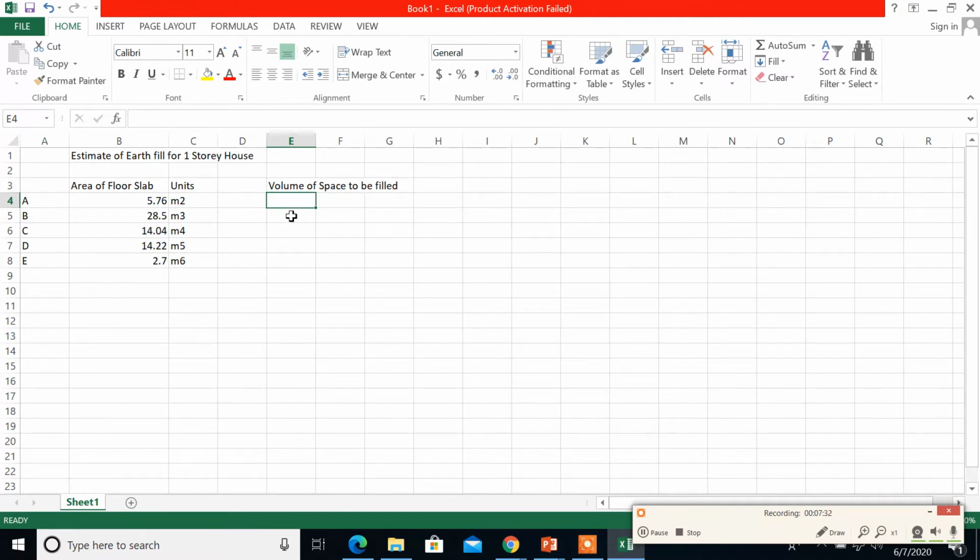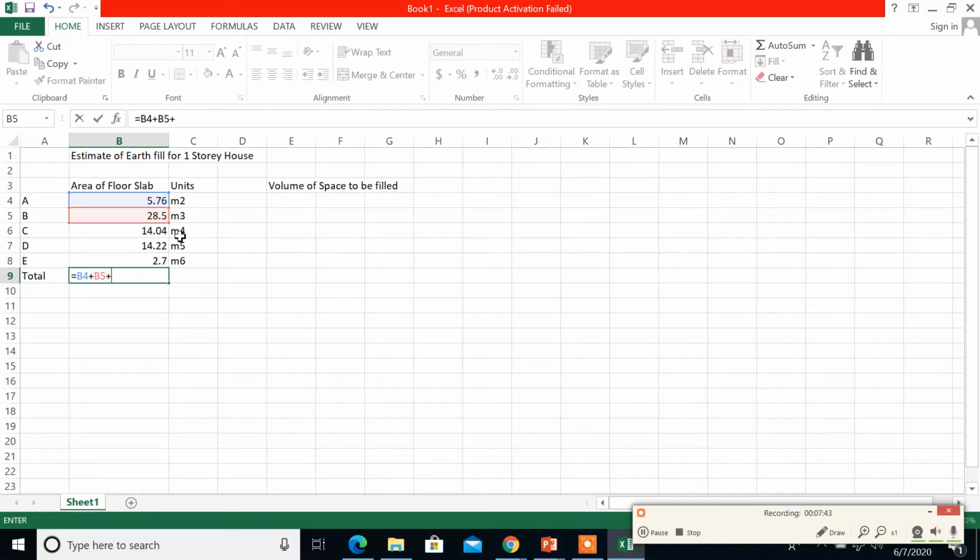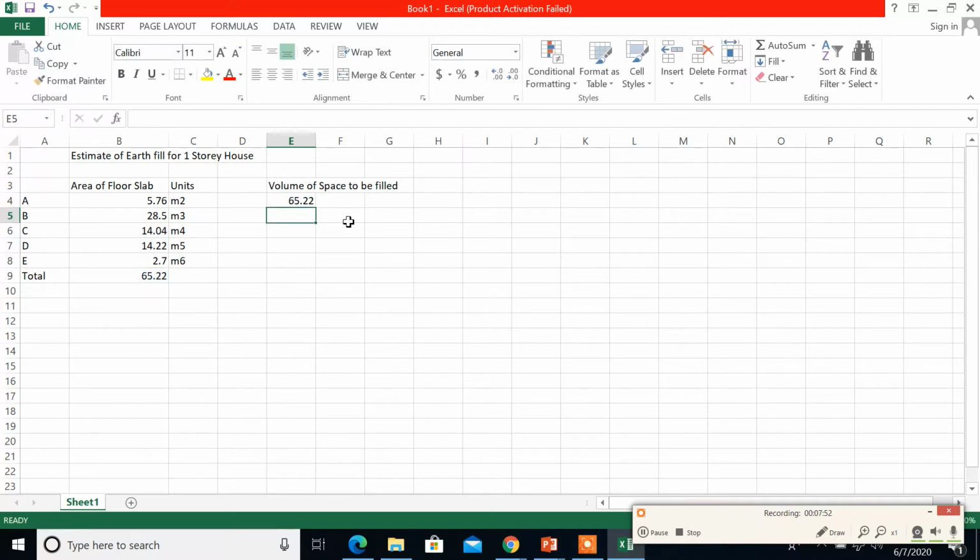The total area is equivalent to 5.76 plus 28.5 plus 14.04 plus D plus E. So the total area is equivalent to 65.22 square meters.